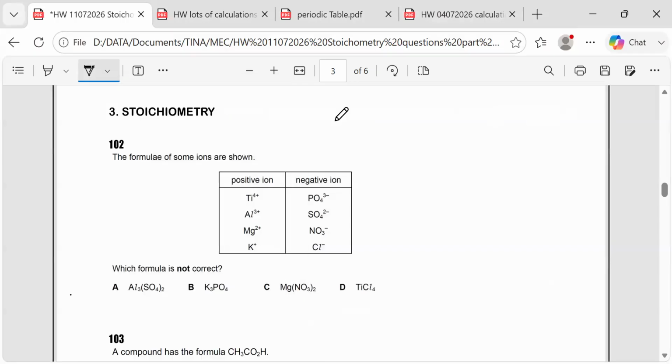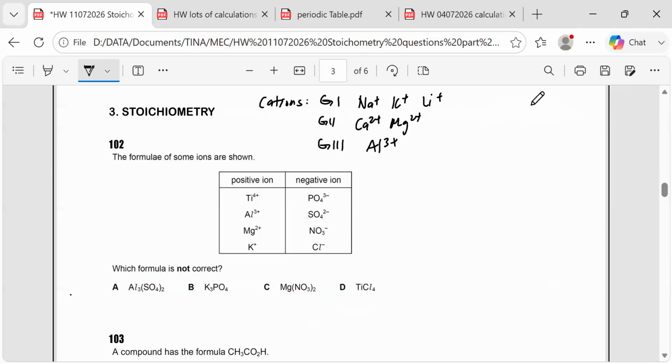Whenever you are given formulas, positive ions are called cations. Everybody in group 1 forms +1: sodium, potassium, lithium. Everybody in group 2 forms +2: calcium, magnesium. Everybody in group 3 forms +3: aluminium.